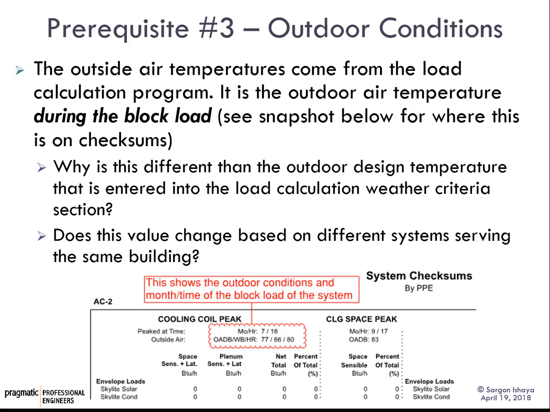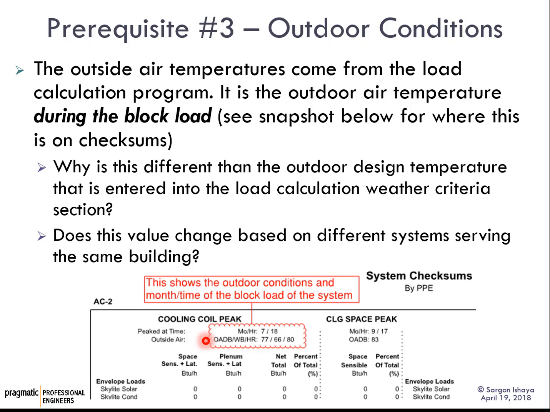Now, the question is, why is this outdoor air value different than the outdoor air criteria that you entered in the weather criteria section of the load calculation program? That's the question.